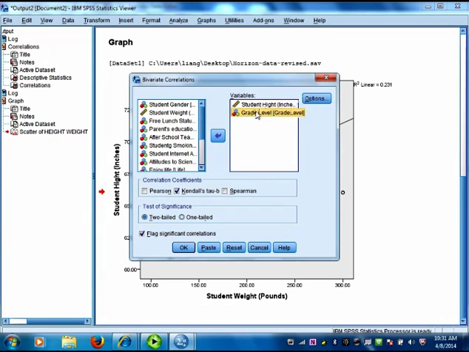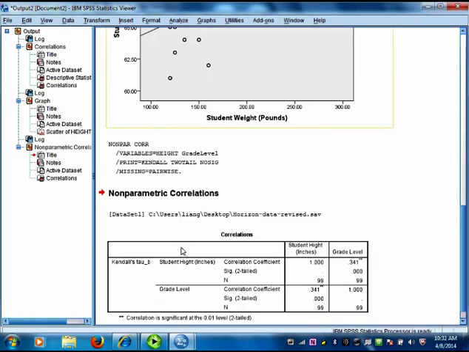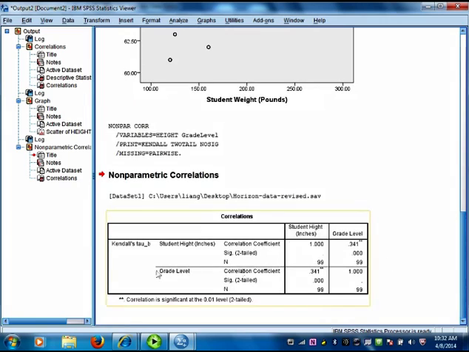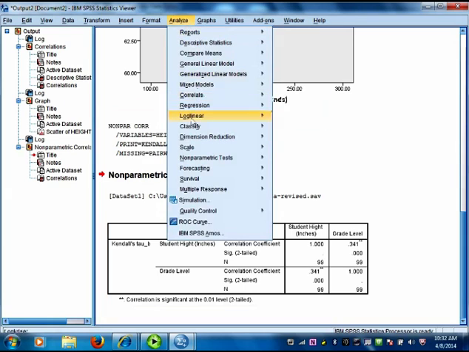So I can use Kendall's tau, and I say okay. And here again, the correlation coefficient between student height and student grade level is 0.341. That's the correlation coefficient R.